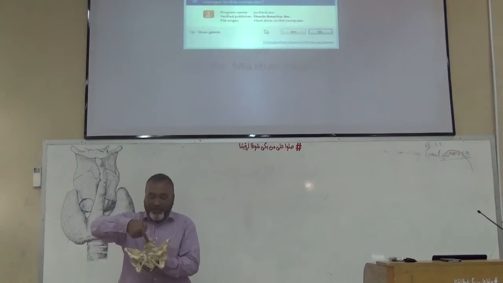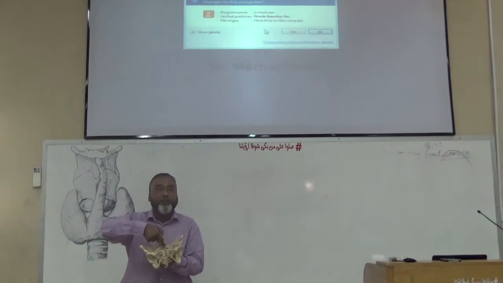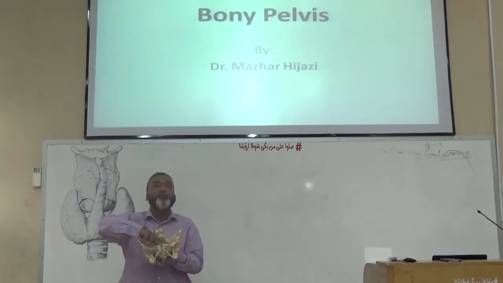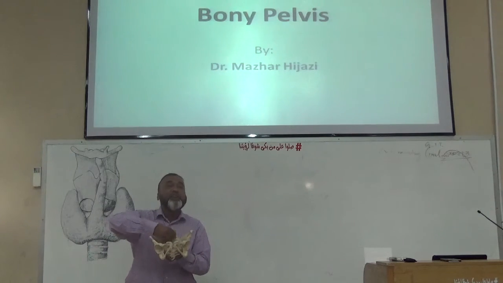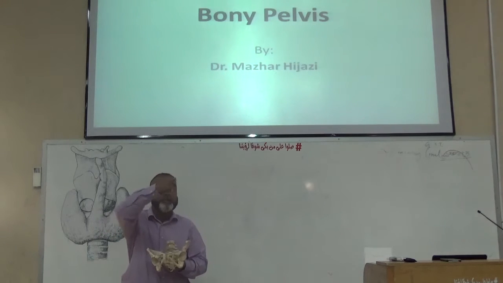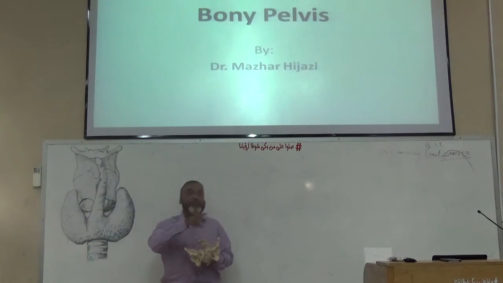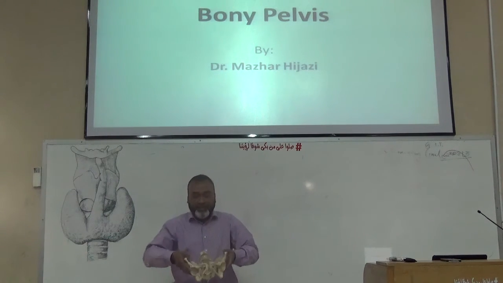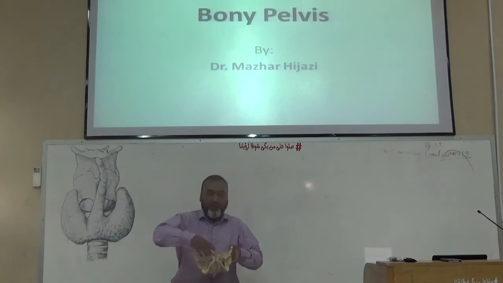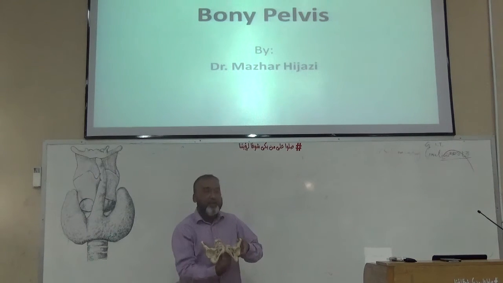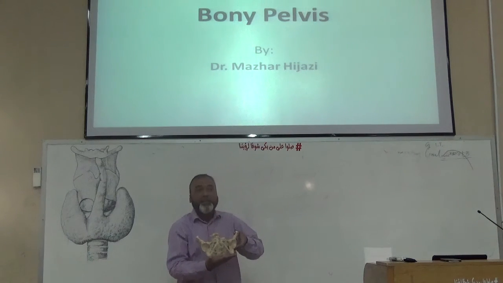Again I repeat, the pelvic brim comprises the sacral promontory, the iliopectineal line and the superior border of the pubic bone. This divides the pelvic cavity into the upper part, the false pelvis, and the part below, the true pelvis. This is the upper limit of the differentiation between the false pelvis and the true pelvis.